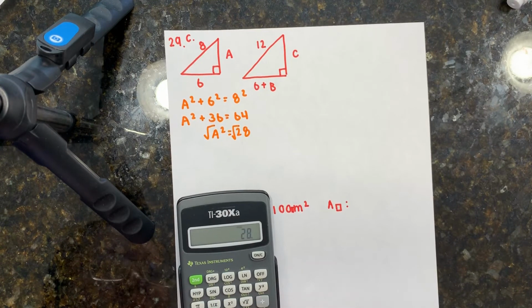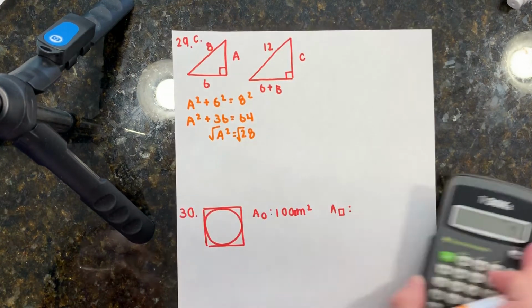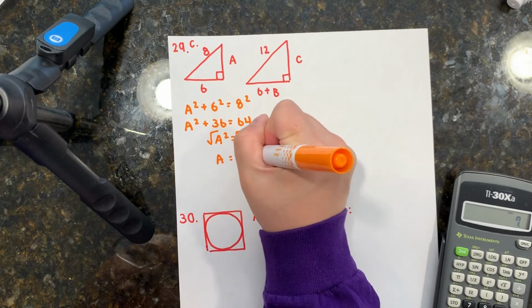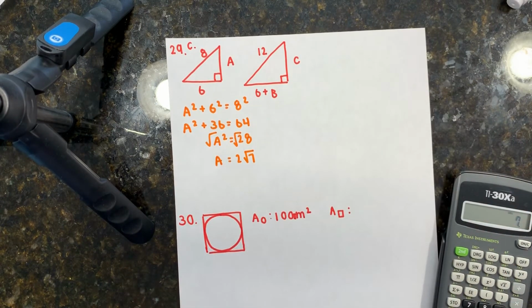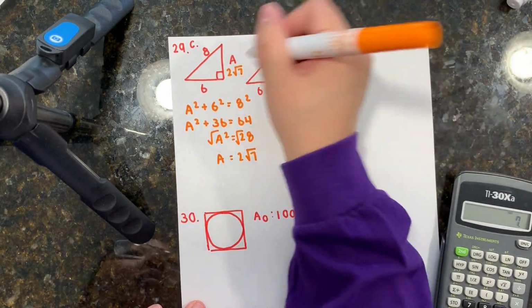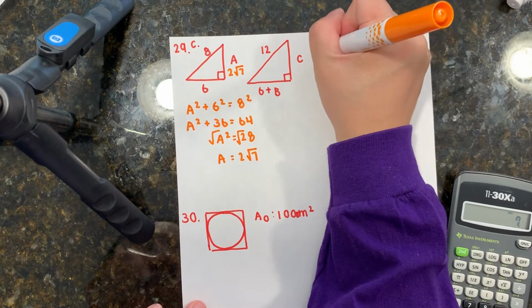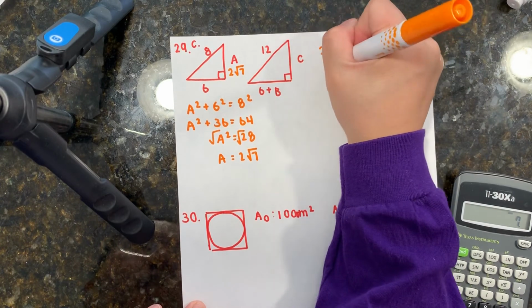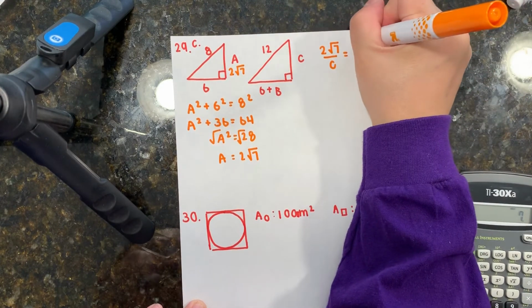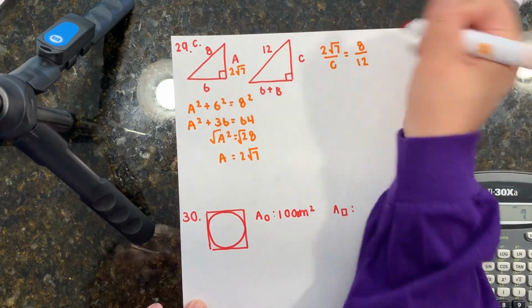If I square root the 28, I get 2 root 7. But that's not one of your answers. I'm just going to use that to solve for C. And I'm going to solve for C using ratio. So I'm going to do A over C, so 2 root 7 over C equals 8 over 12. Slant over slant.